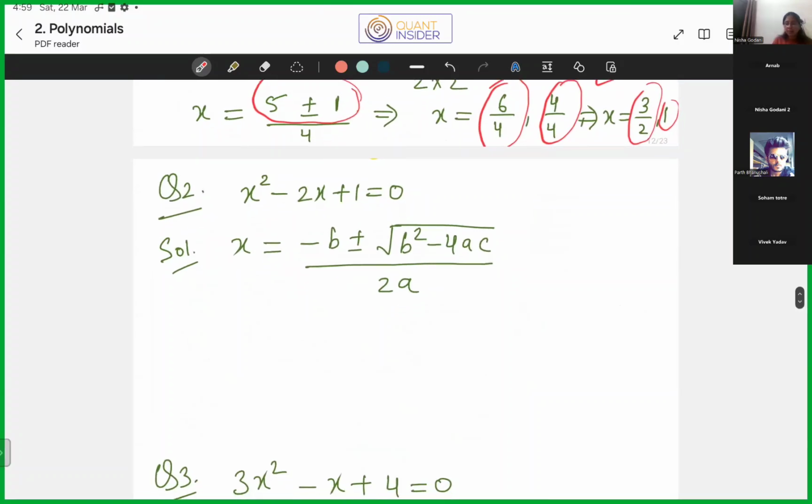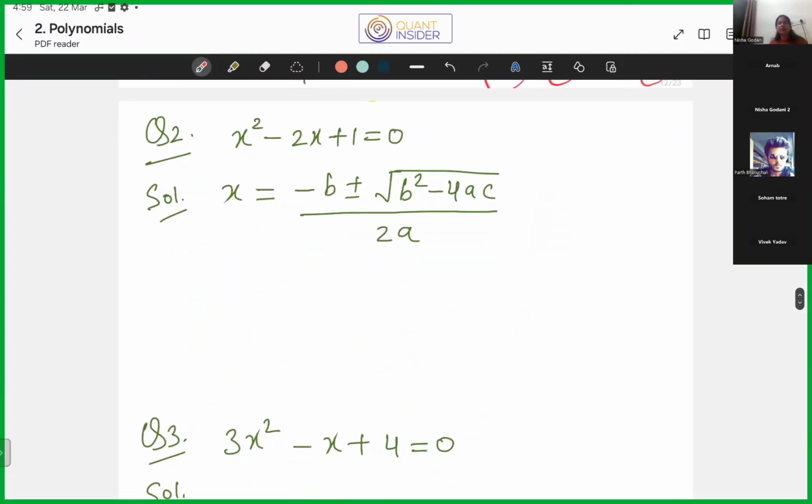Let's do the next one. Can you tell me the roots of this equation? See, you have here A equal to 1, B equal to minus 2, C equal to 1.